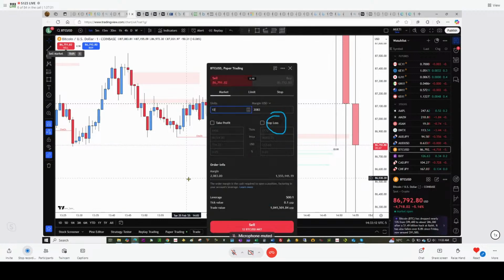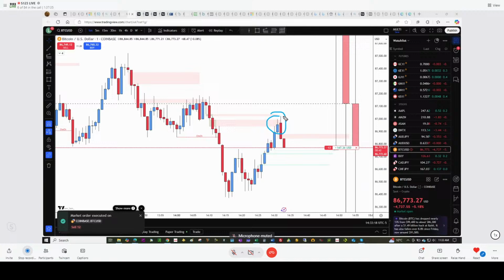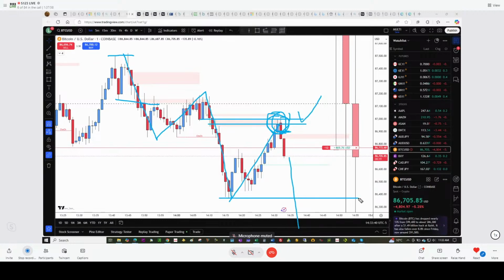So I would sell Bitcoin just on that move right there, because I've missed getting in on the fractal, but it's still a good spot to get in. So I've got the sweep, the drop, the retrace back in, the drop, retrace back up into a gap. So this is a sell to come down to take out these lows.